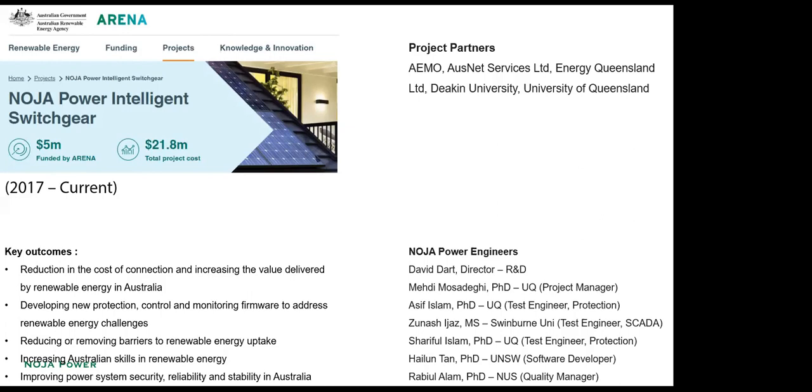The research partners were the University of Queensland and Deakin University, and as the owners of the generated data, the partners were also the Australian network providers AusNet Services and Energy Queensland. A couple of PhDs worked together to develop this product and implement it successfully. It started in 2017, but it's still running.